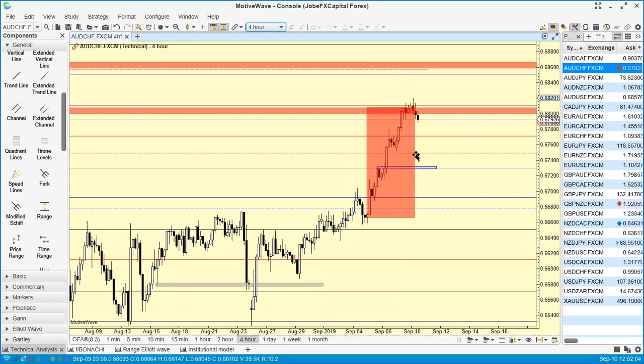Well, that's what you need to learn. It's strategies. So let's say we predict the price is gonna come down here, and I'm going to sell. This is where I want to sell. If you predict that the price is gonna come down, you have to sell. If you predict that the price is gonna go up, you have to buy.